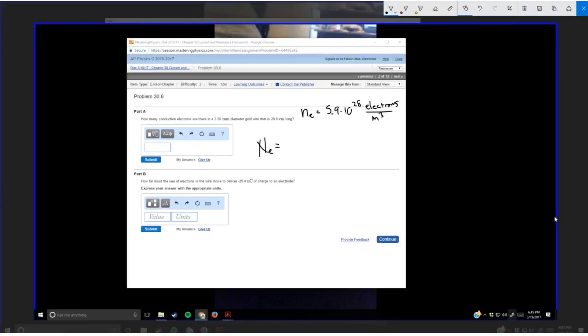It gives you the diameter and some length, so the total is just the density times that volume, or alternatively, that cross-sectional area times some length. And so it's going to be n times pi times diameter over 2 squared times that delta x.